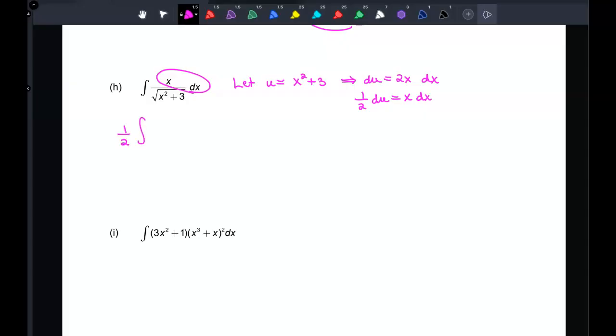Now I need to write the rest of it in terms of u. So that's going to be 1 over root u. Or, to integrate it easily, u to the negative 1/2.